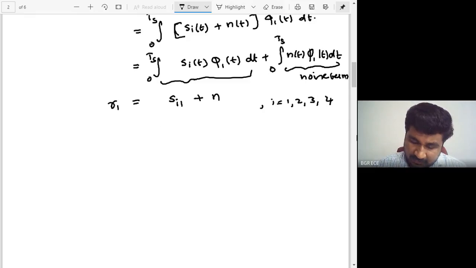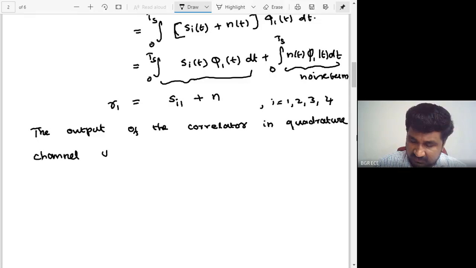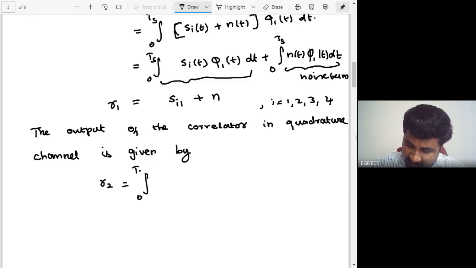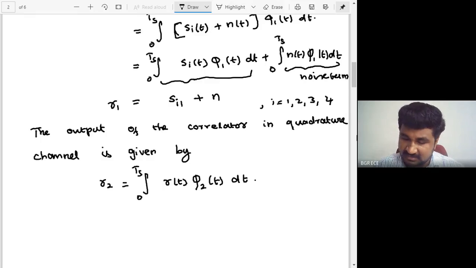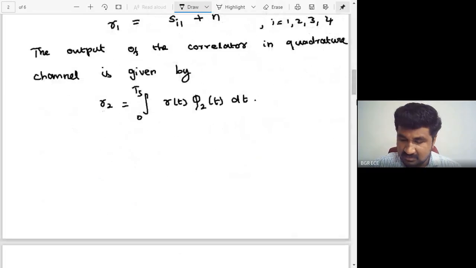Similarly, the output of the correlator in the quadrature channel is given by R2 is equal to the integral over 0 to Ts of r(t) phi 2(t) dt, because this term is phi 2(t) and this one is phi 1(t).